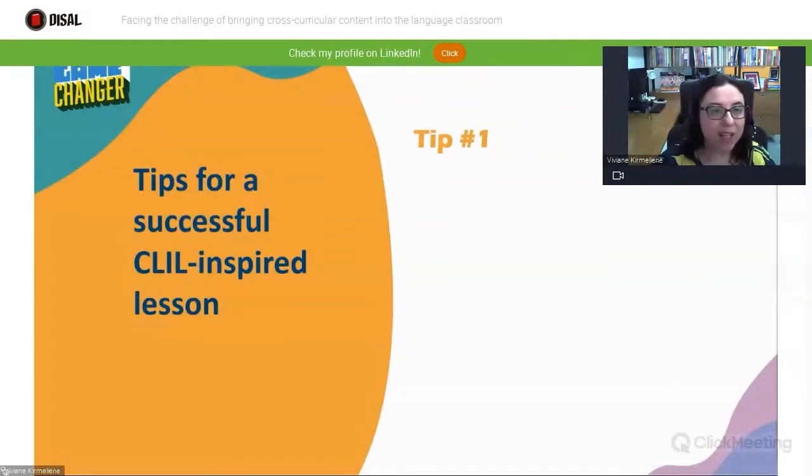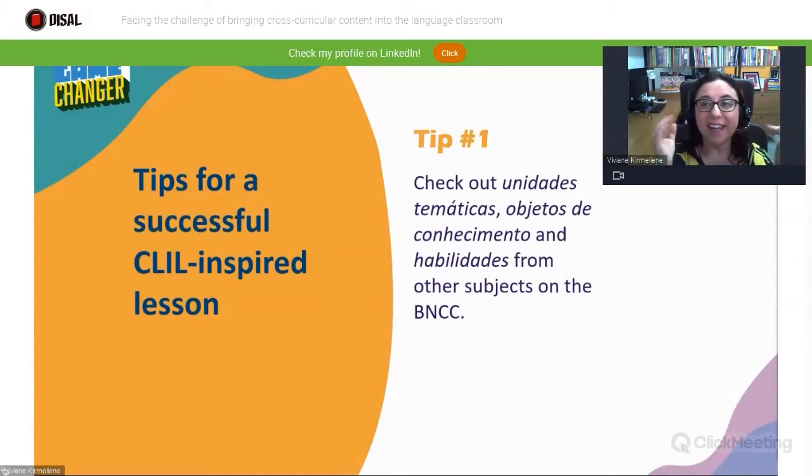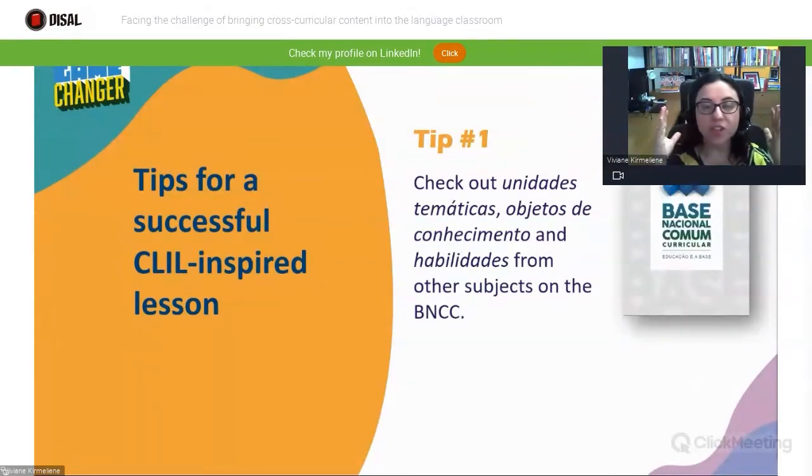Well, tip number one, and I'm talking here about BNCC, which is the national curriculum in Brazil. People from other countries, please look at the document from your country. The Ministry of Education or a similar department has probably issued something like that. So it's important for us when we're going to think of, I want to start working with CLIO in my classes, and you're working with kids and teenagers.